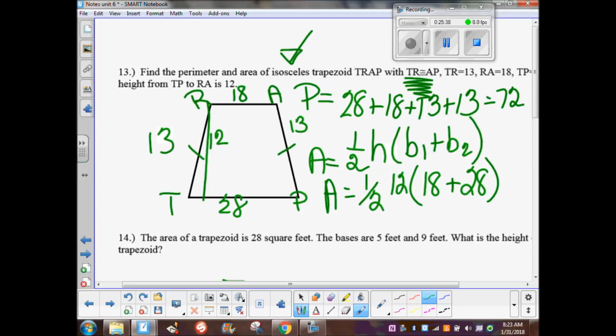So 1/2, you've got to tell it times 12, and then open your parentheses, 18 plus 28, and then close your parentheses. Who thinks they have it? I got 276. There we go. Okay, all right.